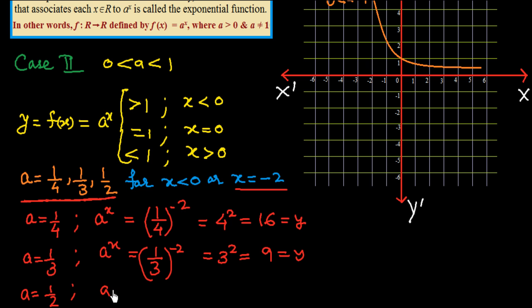So we get a power x is equal to 1 over 2 power minus 2, which is equal to 2 power 2. It is 4, which is y. So look at here, 1 by 4 power x.